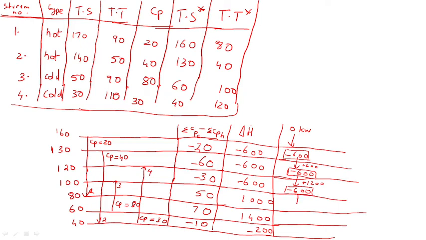So here also 1200 minus 600 we are obtaining 1800, plus 1800 will be evolved, which is going to the next stream, which is 1000.